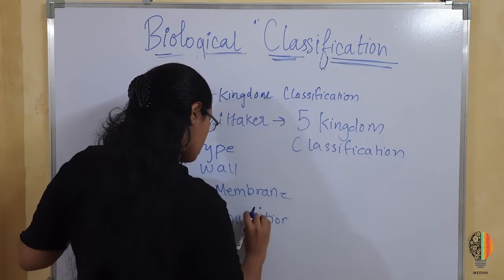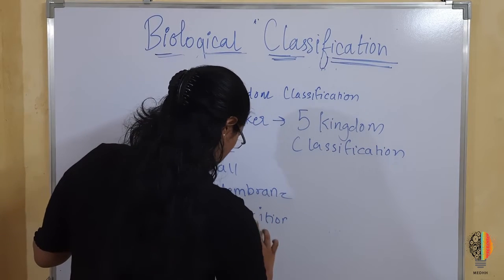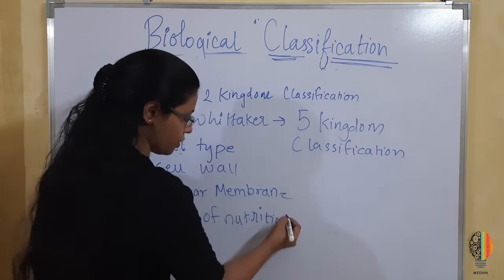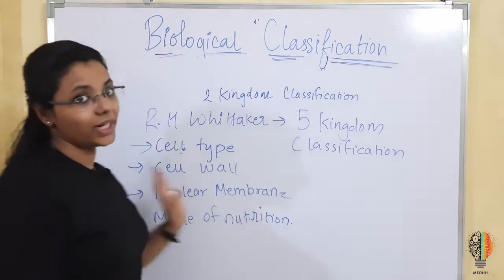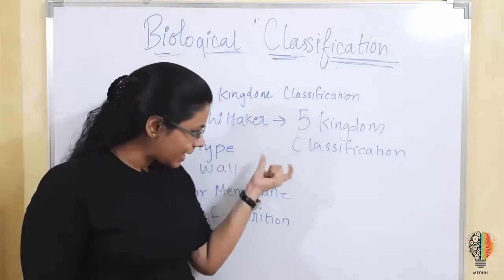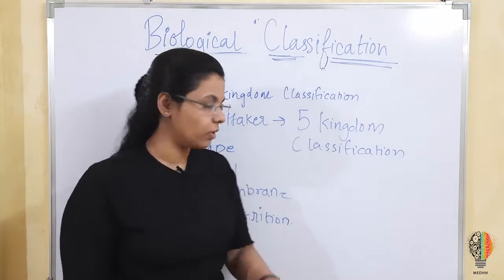Okay, mode of nutrition. So these were the characteristics that were taken. We will discuss in detail. We'll take each parameter when we will be discussing each kingdom. So don't worry about that.